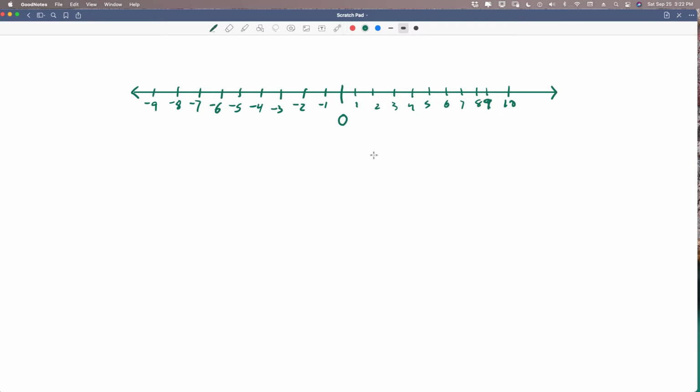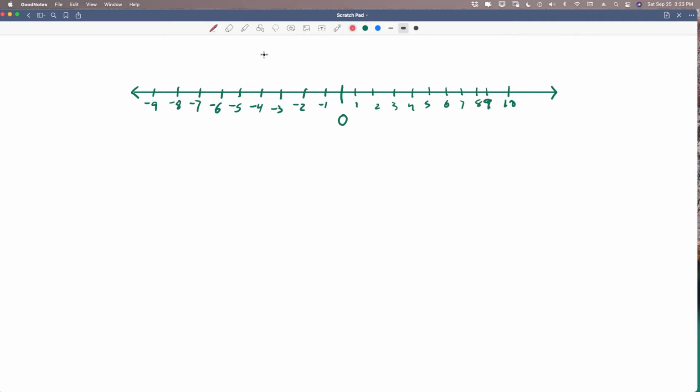When we graph something on a number line, and we use the symbols less than, we can't really include the number that we're talking about, right? So let me change colors here. Let me erase this.